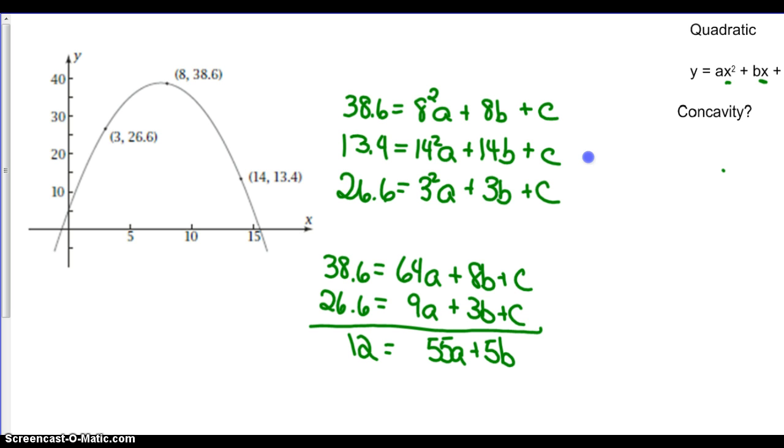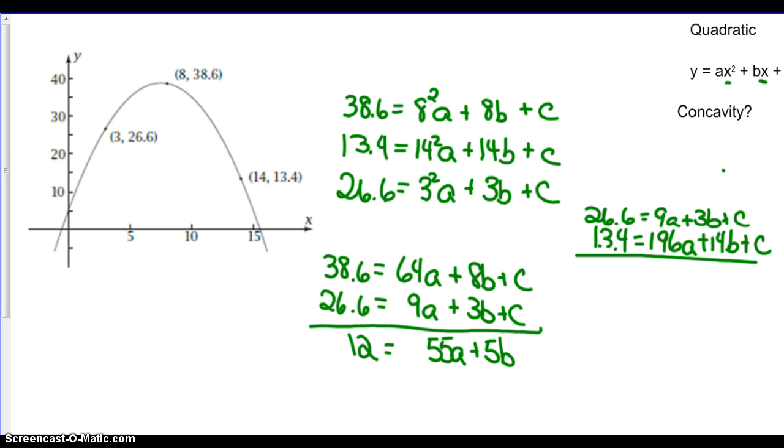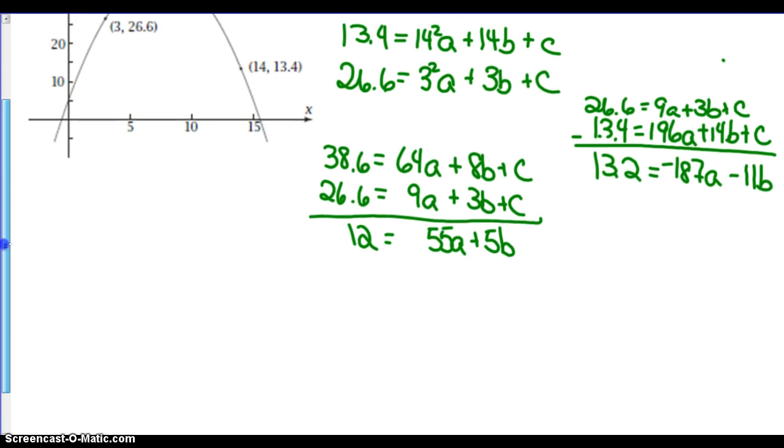I'm going to do the same thing again, so when I subtract these two lines, I end up with 13.2 equals negative 187a minus 11b. So now I have functions that have two variables.